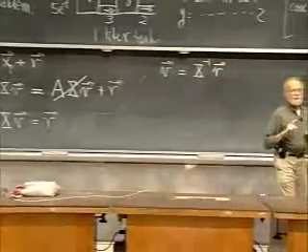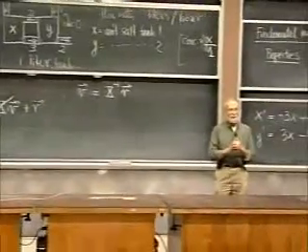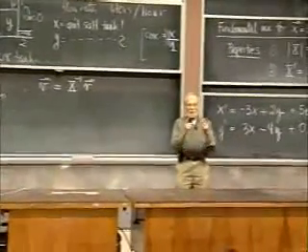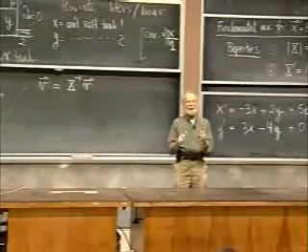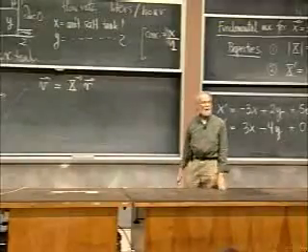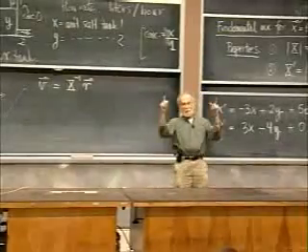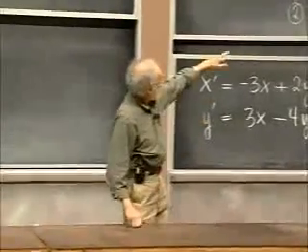Hey, how do I know that X inverse exists? For a matrix inverse to exist, the matrix's determinant must be not 0. Why is the determinant of this not 0? Because its columns are independent solutions.